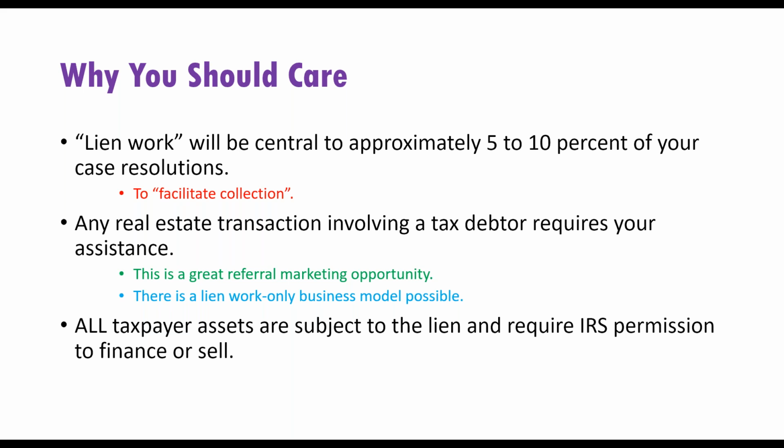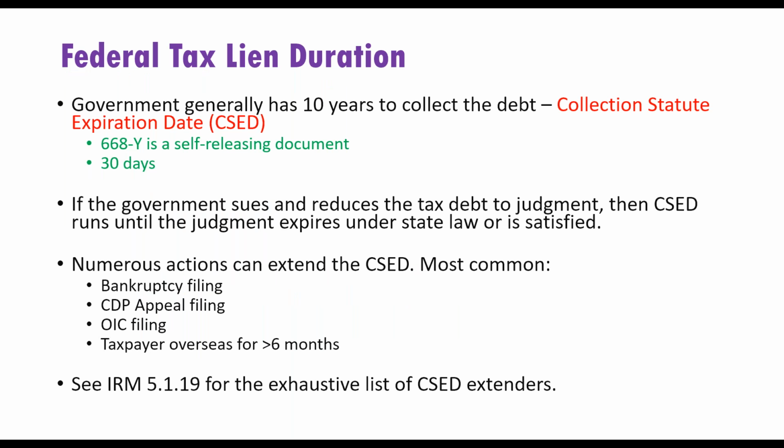And of course, all taxpayer assets are subject to the lien and require IRS permission to finance, refinance, or dispose of the asset. Generally, the government has 10 years to collect on the debt. This starts the date the assessment is made and runs for 10 years until the CSED, Collection Statute Expiration Date.